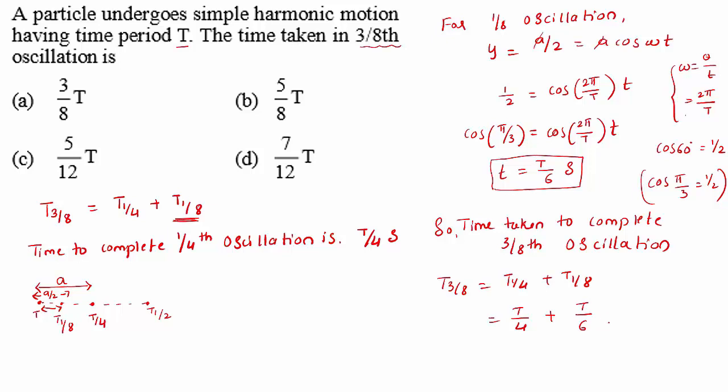Now calculate the value. We will get the final answer 5T divided by 12. You can take the LCM. So the time taken for 3/8 oscillation is 5T divided by 12, so 5 by 12 into T. That means option C is correct.